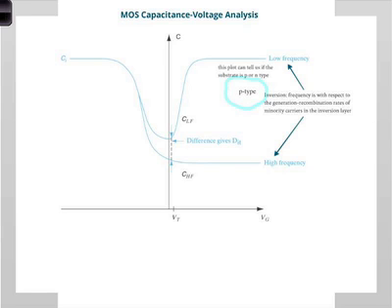This is the only comparison now. Okay? But when you have fast charges, you need to account for the fact that the interface channel cannot be formed unless minority carriers are formed in the bulk and they diffuse to the interface. So that takes some time for the inversion channel to form. Okay? That accounts for the difference between the high frequency and low frequency.